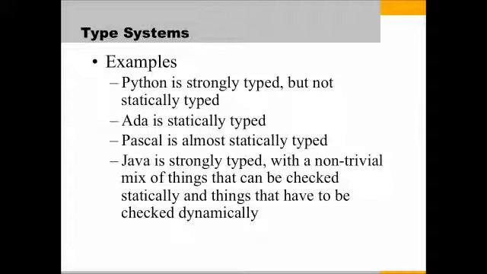So that's the one place where Pascal has to do dynamic type checking, and Pascal is also pretty strongly typed. Then finally, Java is a strongly typed language, has a lot of static type checking, but it can't statically type check everything. For example, it does bounds checking on arrays, and it doesn't know until runtime whether you've tried to use an out-of-bounds index.